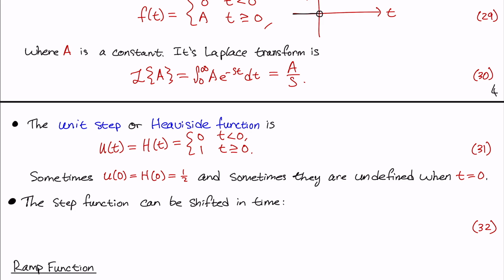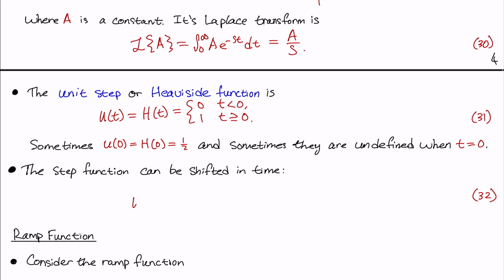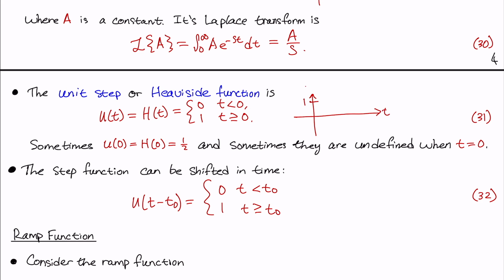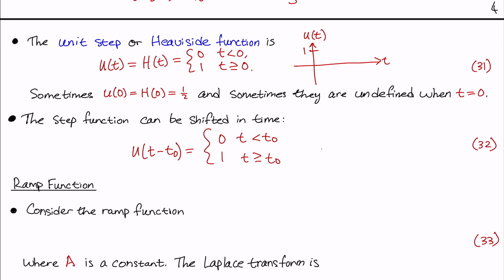So we can also shift the step function in time. And in that case, we will say that u of t minus t0 is equal to 0 for t less than t0 and 1 for t greater than or equal to t0. So I'm also going to graph what each of these looks like.